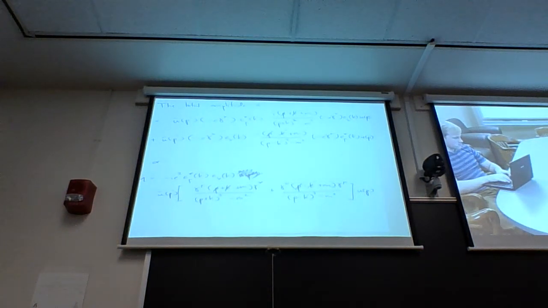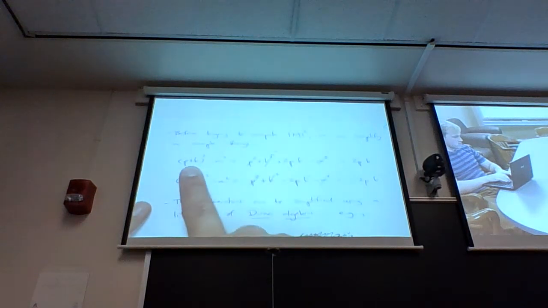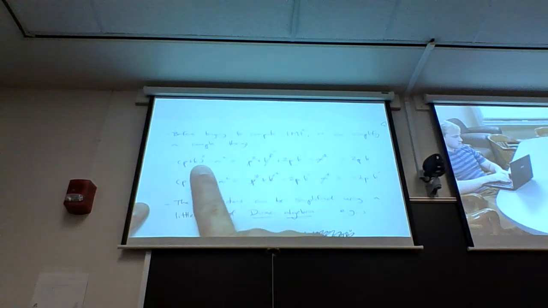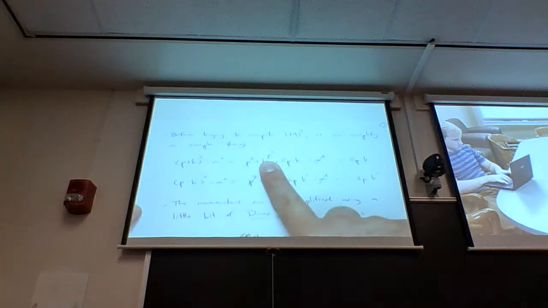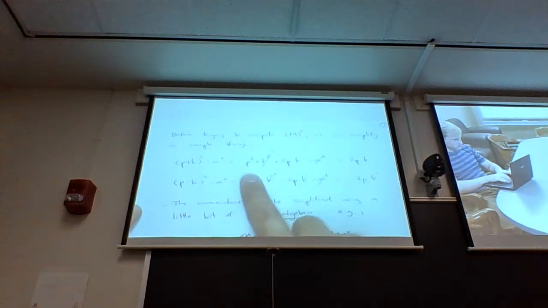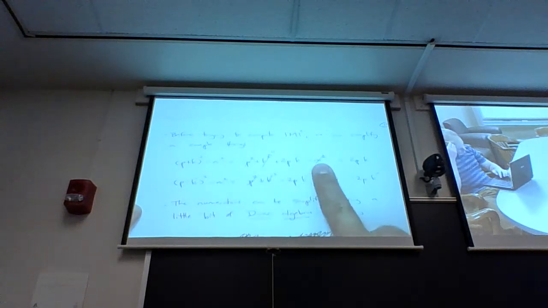For example, the propagator denominators we can simplify, because if I square out p plus k, I get p squared plus k squared. k squared is 0, that's the photon, but p squared is m squared, and that cancels the minus m squared.